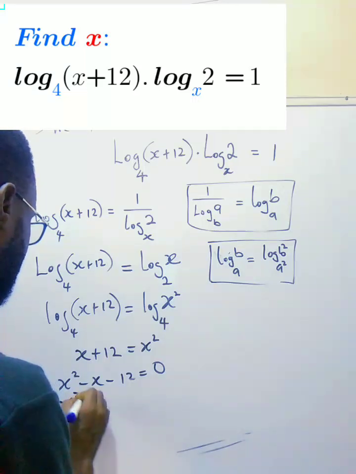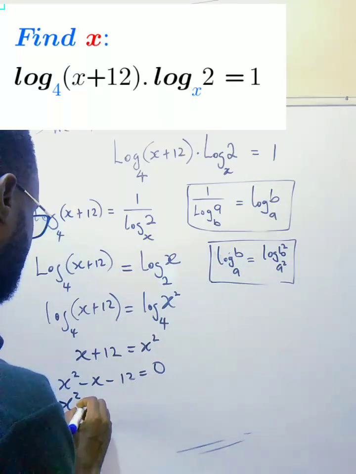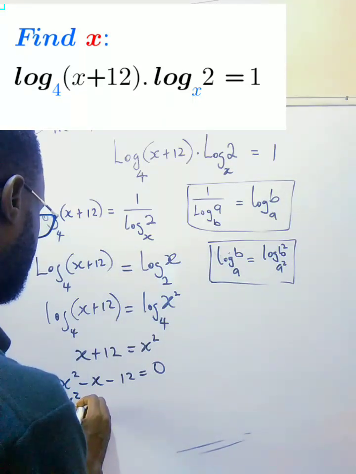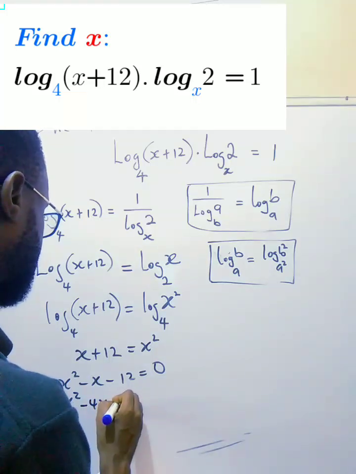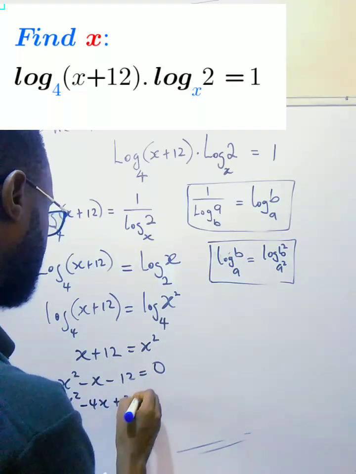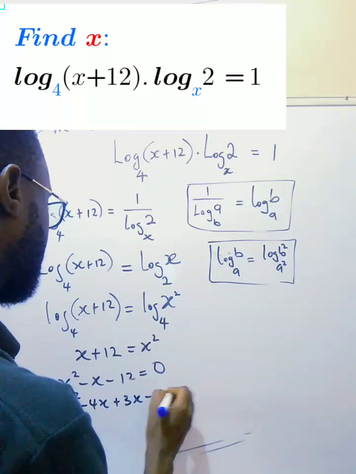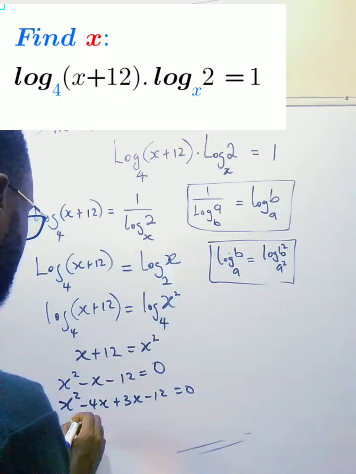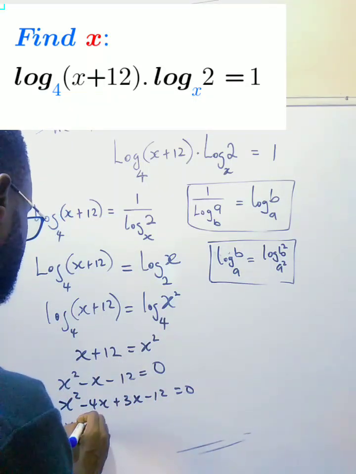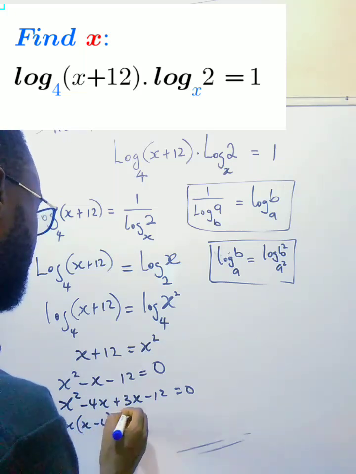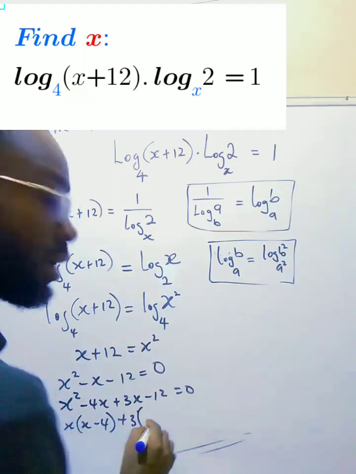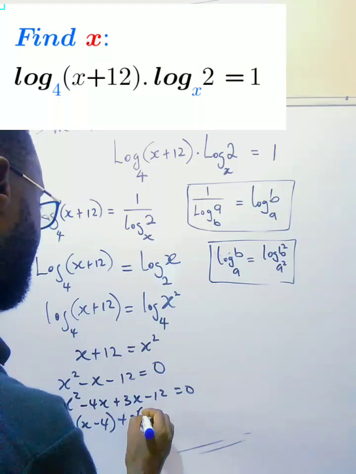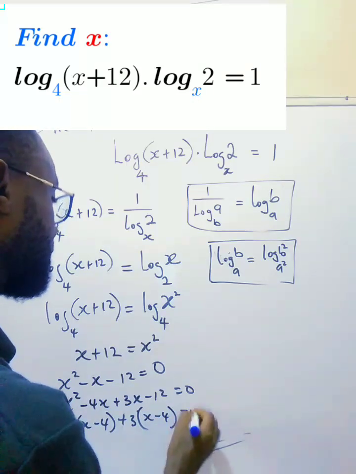If I factorize this, this will give me x squared minus 4x plus 3x, then minus 12 equal to 0. So that this gives me x into x minus 4, and then this gives me plus 3 into x minus 4 equal to 0.